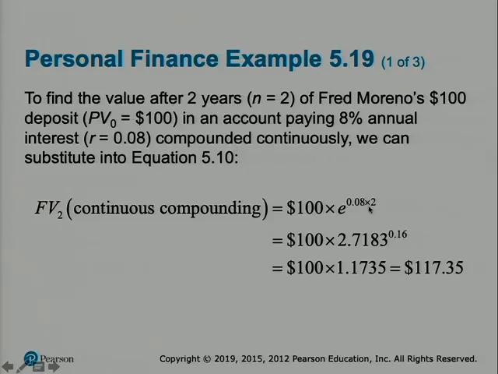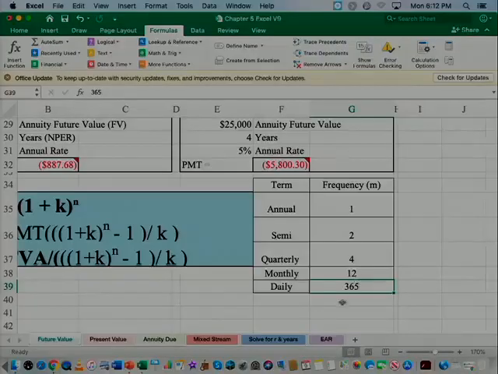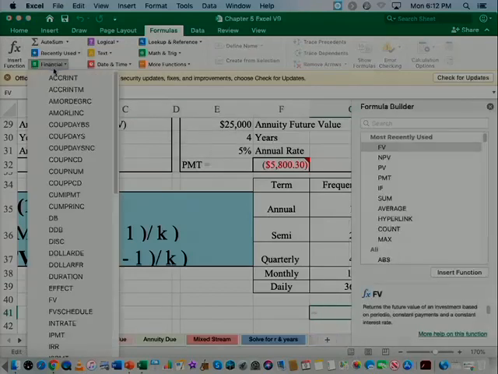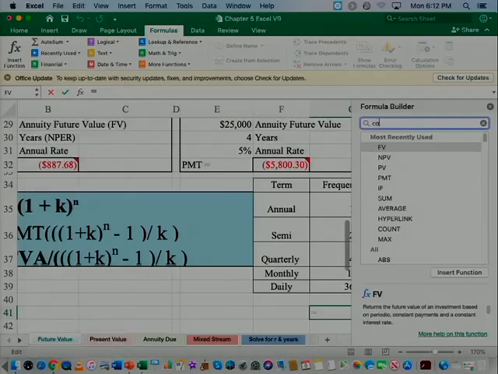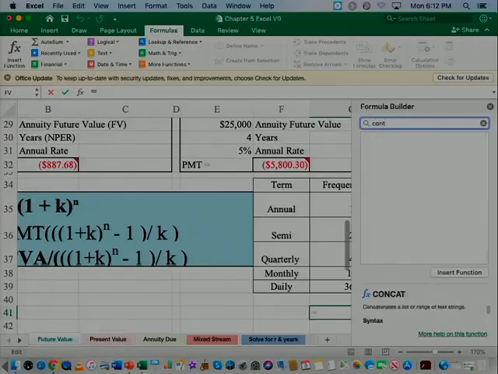Every second is compounding. And that would be a slightly different formula. I think there's an Excel equivalent. Maybe not. It might be why I don't cover it.